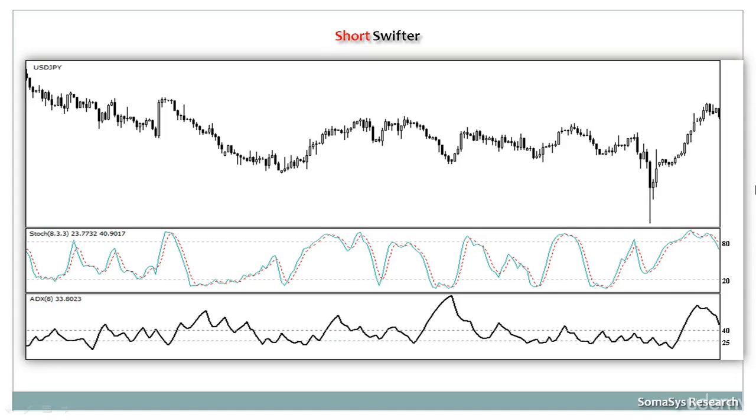Let's look into another chart on Short Swifter, and this is USD JPY. We have all valid scenarios on chart here with stochastic overbought and ADX hovering below 25. So let's examine this first setup. Okay, so price does resist at a valid region, and that's this preceding swing high.